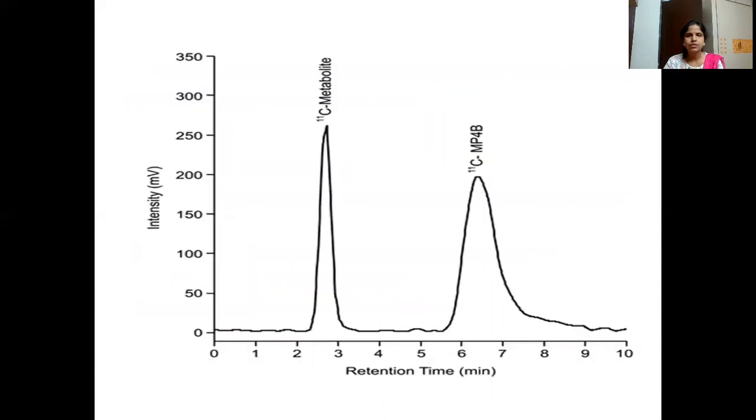This is how the chromatogram looks. In this case, we have two peaks, which indicates that there are two components present. On the x-axis, you can see the retention time, and on the y-axis, it is the intensity of the peak. The area under the peak will give the amount of the sample present in it.